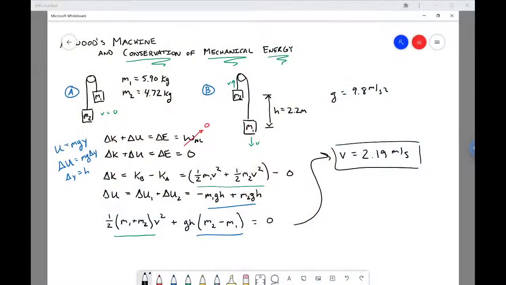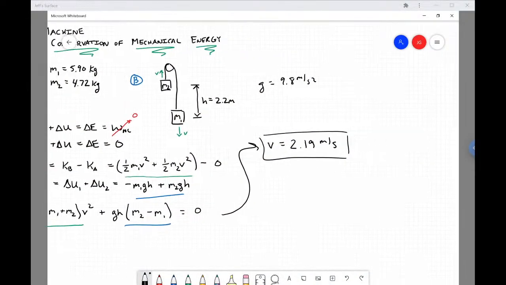The key to getting this problem right is you need to restrict your scope to just one mass and quantify the work done by the forces on that mass, and one of those forces is tension. It's unknown, we can solve for it.